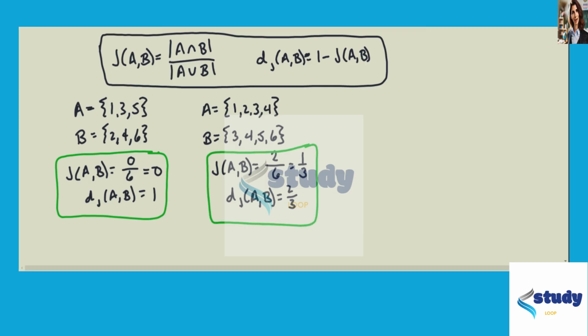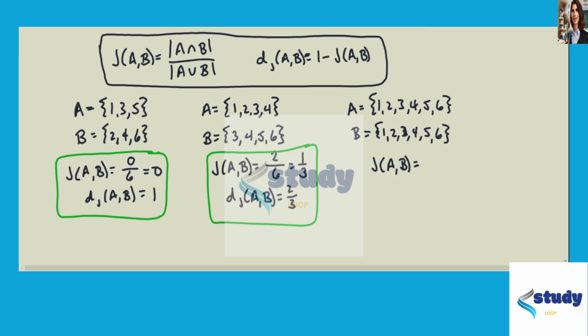Okay, let's try a third pair. Make the set a little bit bigger. Now A is going to be made up of 1, 2, 3, 4, 5, and 6, and B will be made up of the exact same elements. So what is the Jaccard similarity?